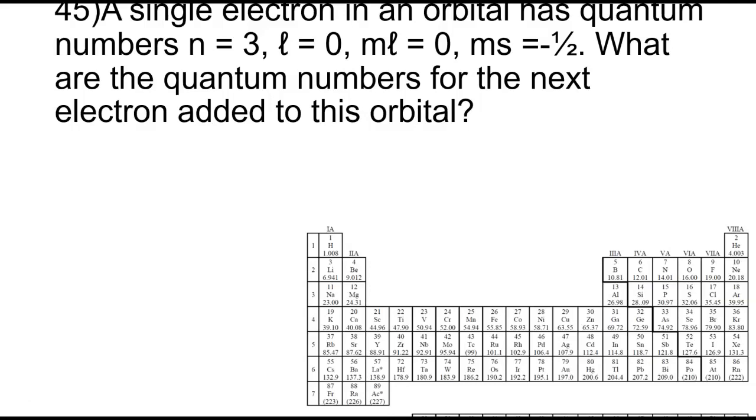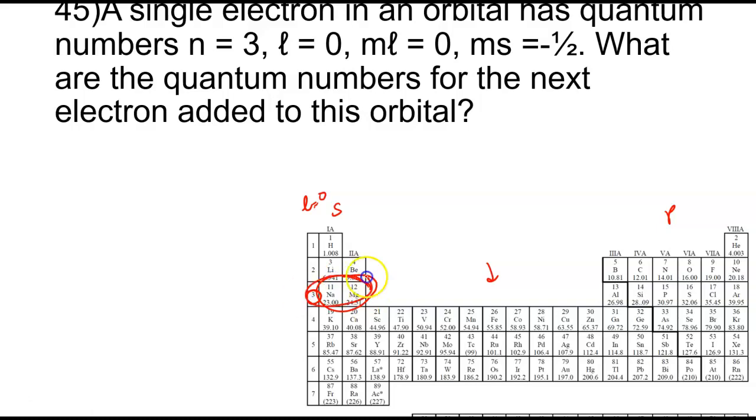So a single electron in an orbital has quantum numbers n equals 3, L equals 0, so that's S, P, D. Remember, L equals 0 is S, so we're here in the 3S. M sub L equals 0, and M sub S is negative 1/2.